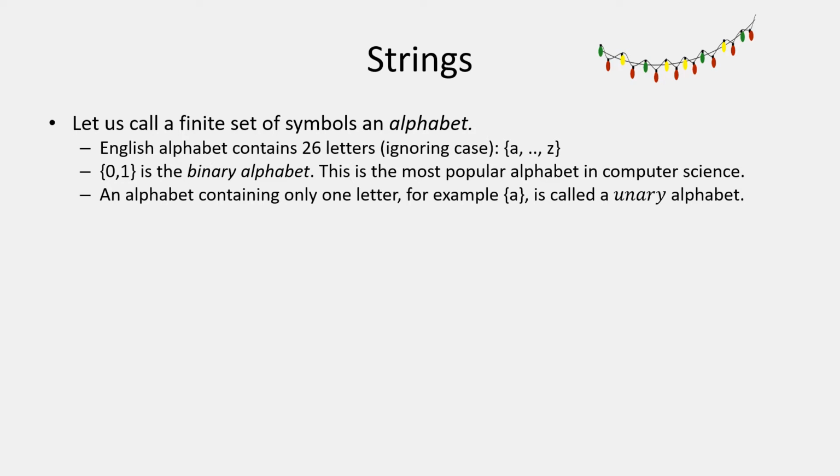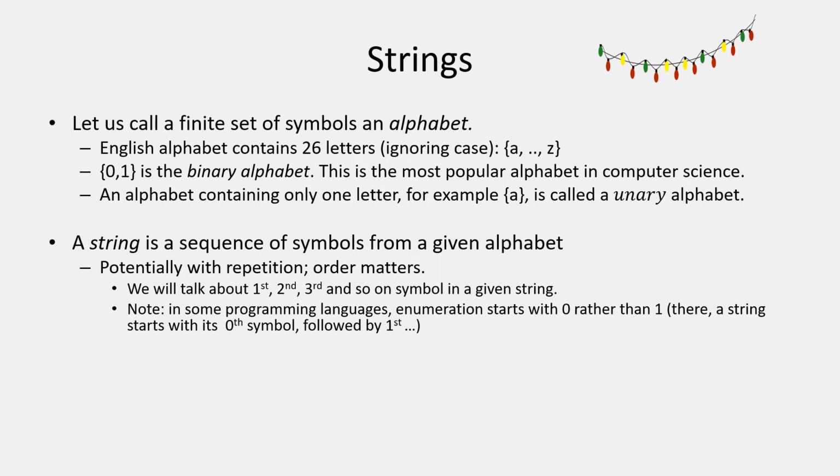Or in computer science, the alphabet that you're going to see most often is a binary alphabet where you just have letters, so symbols, 0 and 1. And by the way, binary generally means that there are two letters, symbols, and usually symbol 0 and 1. If the alphabet has only one symbol, we call it a unary alphabet. So a string is a sequence of symbols from a given alphabet.